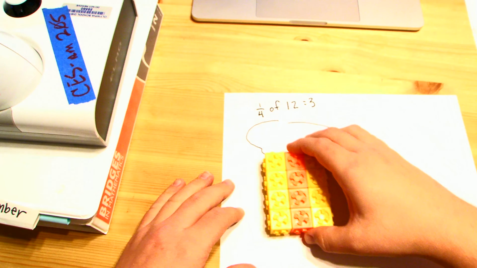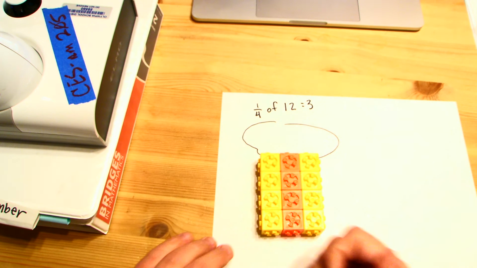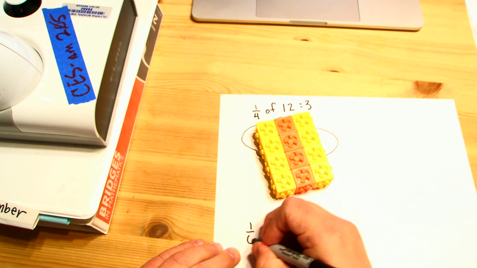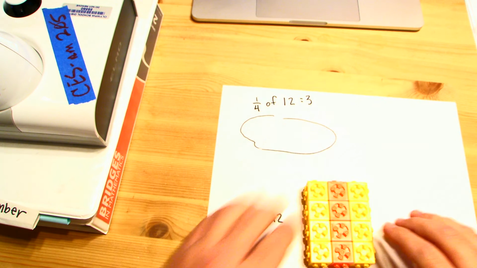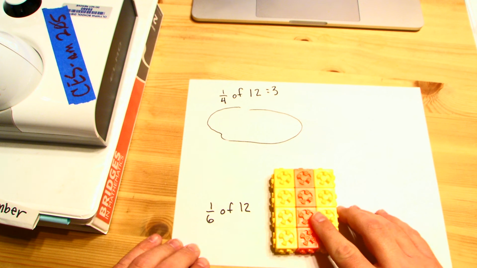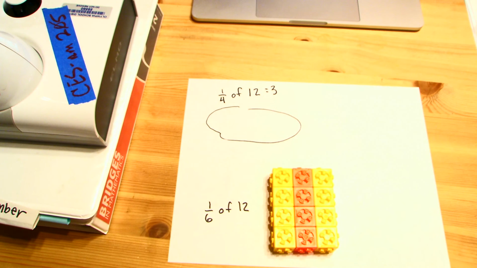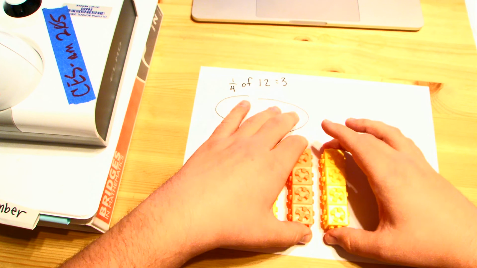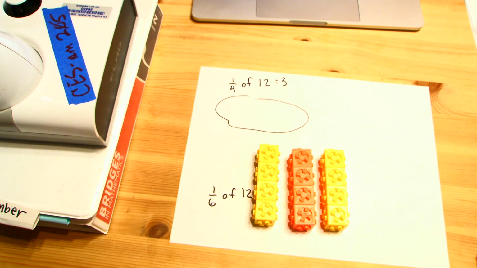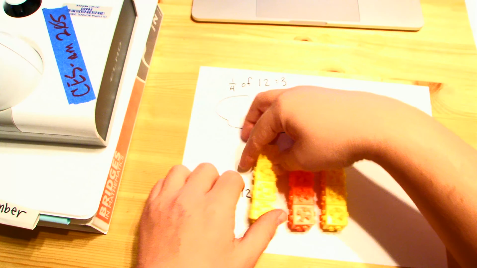If I broke this down and I wanted to know what 1/6 of 12 is, I again would want to look at, here are my 12 cubes, and I have to figure out a way to break them into 6 equal groups. So if I break it into 3s first, I'd have 4 in each group, and I see that I could break those again.